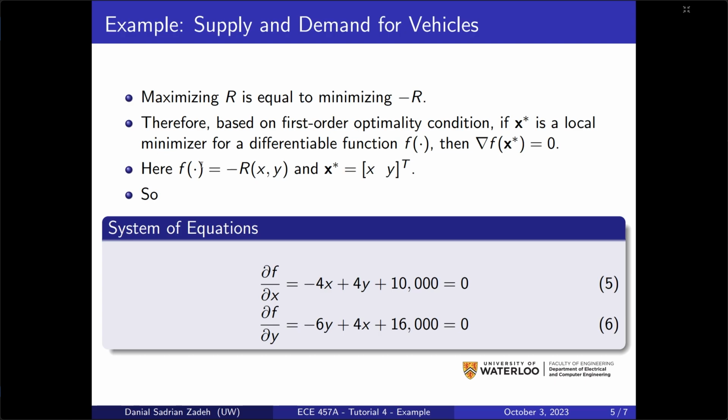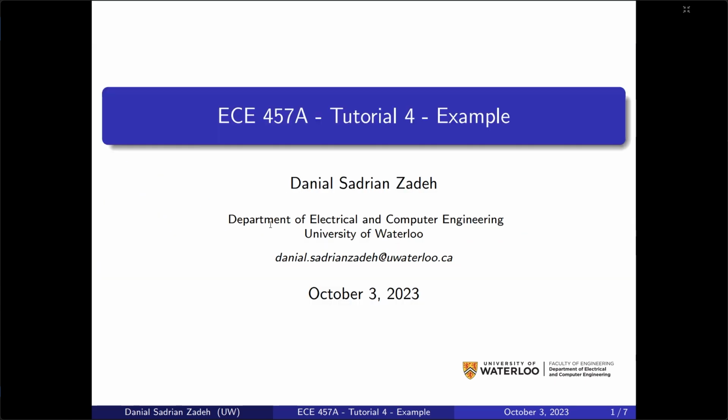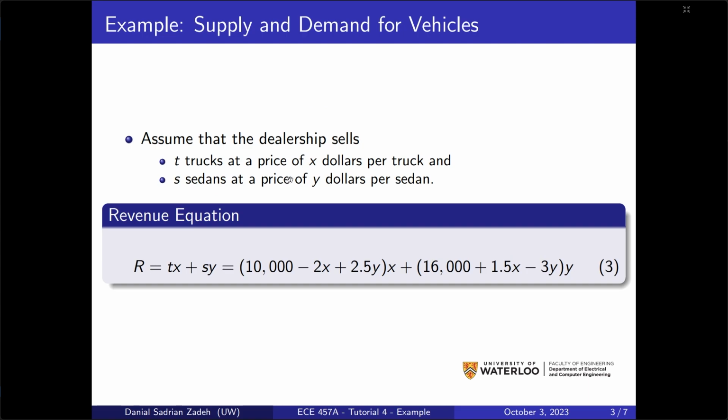So our function for minimizing is negative of the revenue equation, and the local minimizer is a vector of X and Y, X dollars per truck and Y dollars per sedan.